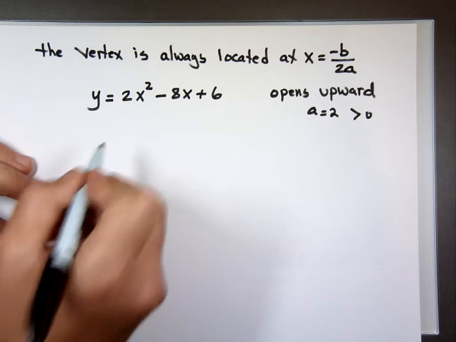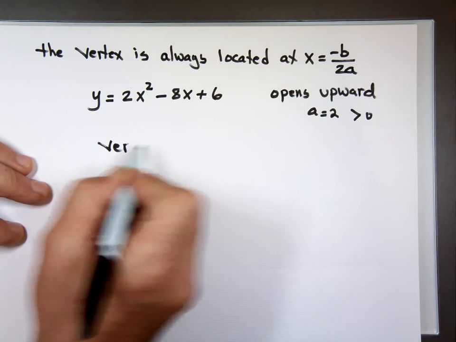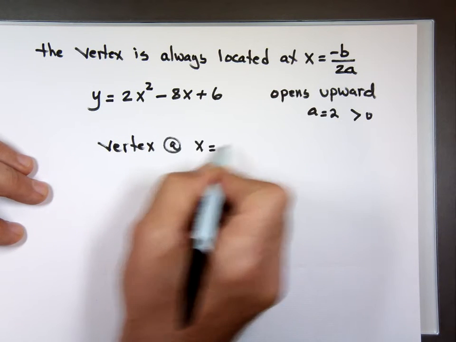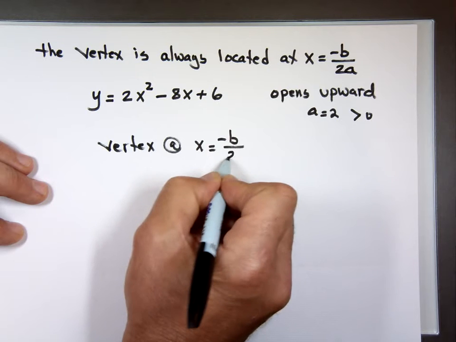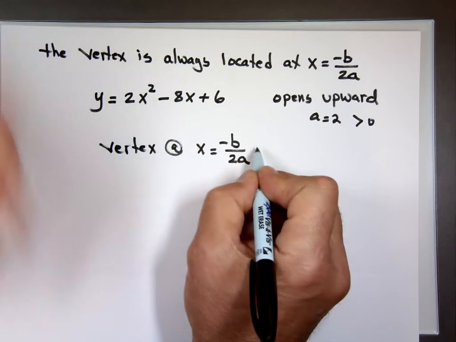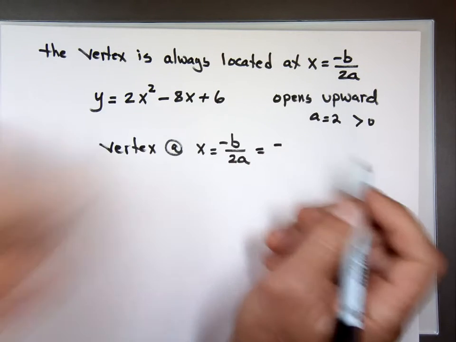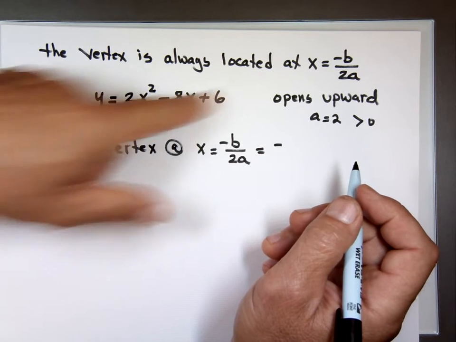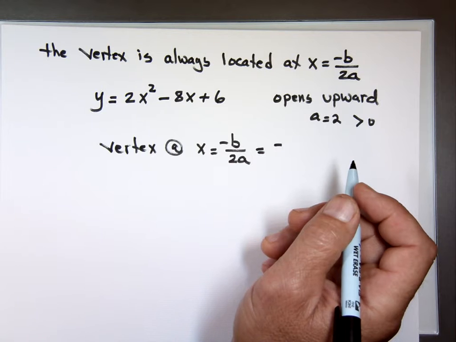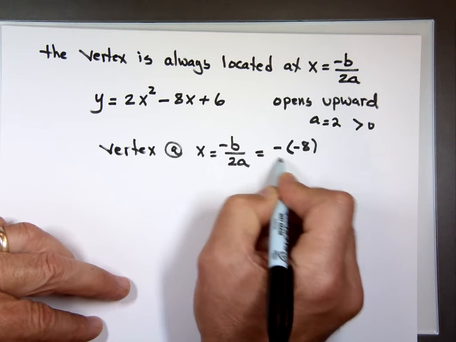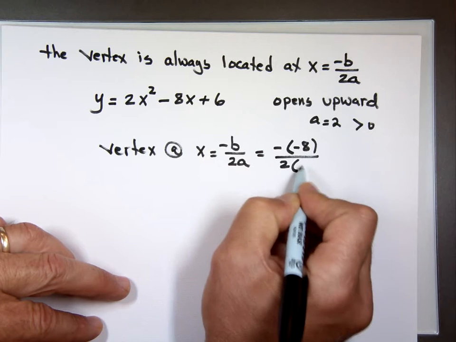I can tell you where the vertex is going to be. Vertex, bless you, at x equals negative b over 2a. Let's find that value. What is b equal to for this example? Yes, negative 8 divided by 2 times a, which is 2.